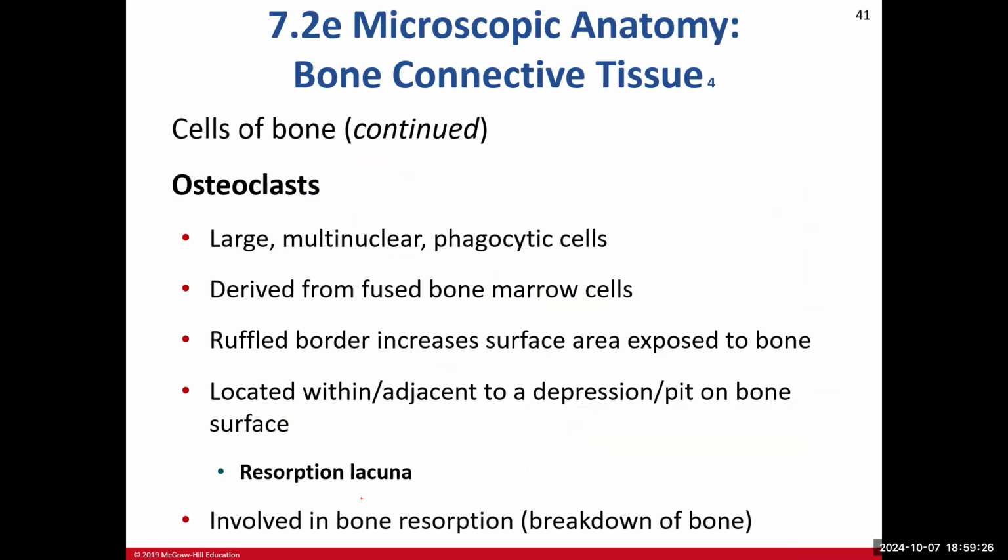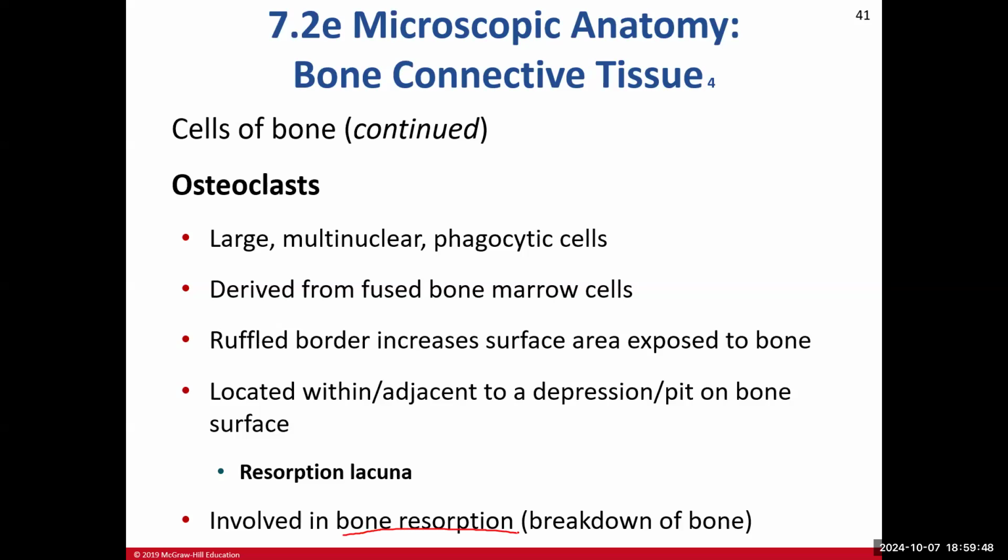But just understand the osteoclasts' job is what we call bone resorption, the breaking down of the bone. And this is constantly going on in your body. When we learn about how the medullary cavity is formed, the osteoclasts are responsible for hollowing out the inside of the bone. And that's what they'll do.